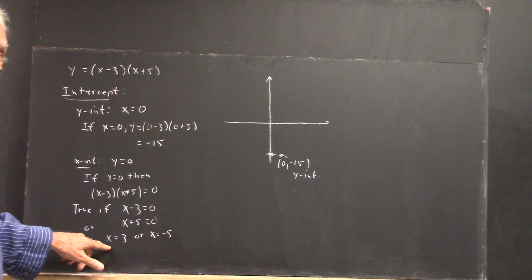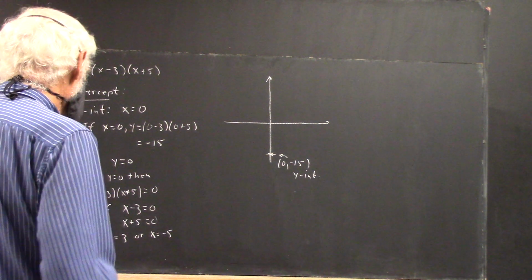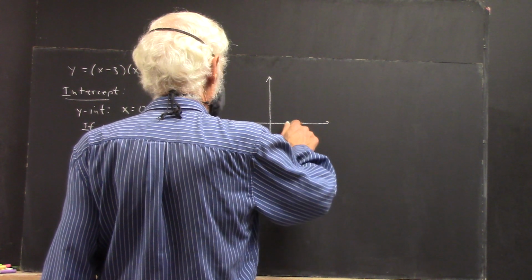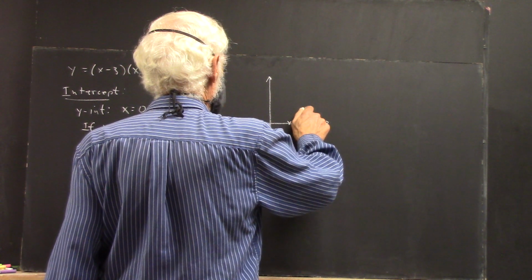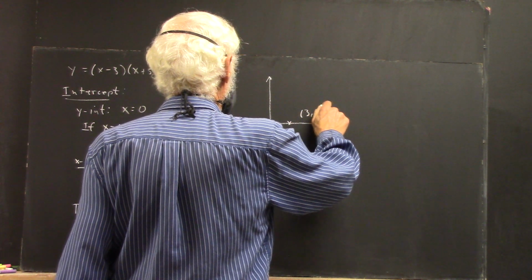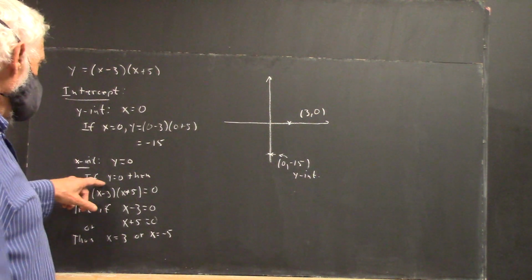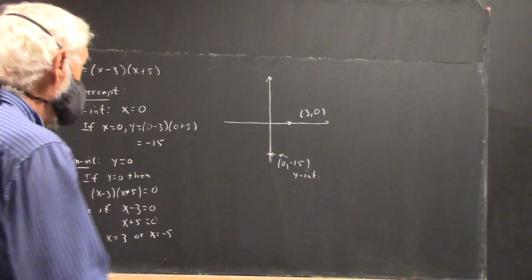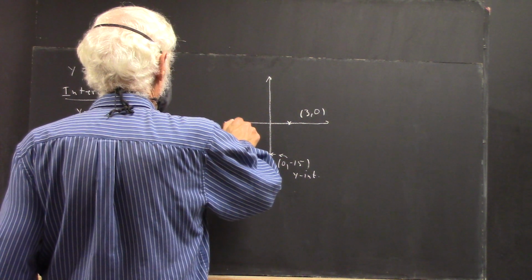Okay, well, we conclude that the intercepts are (3, 0) and (negative 5, 0), because again, we're looking for y equal to 0. Y is 0 if x is 3, or if x is negative 5.